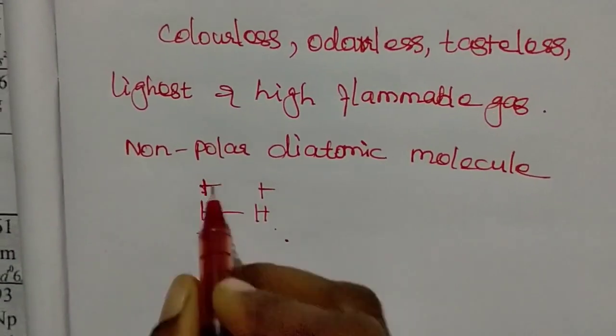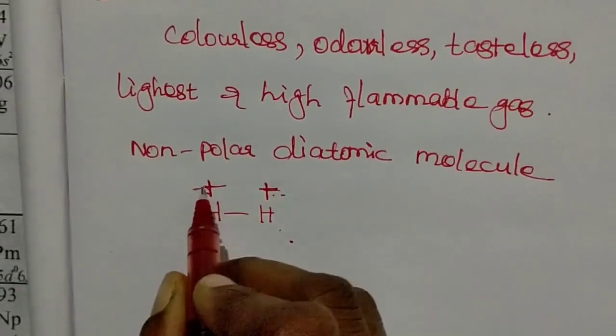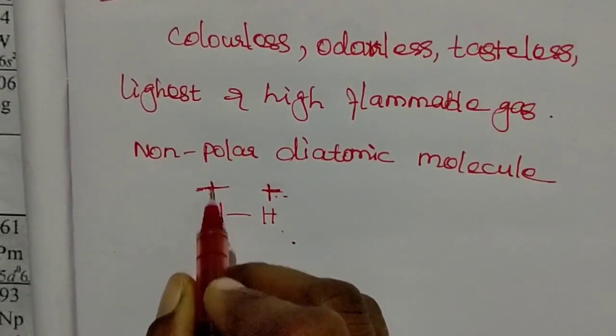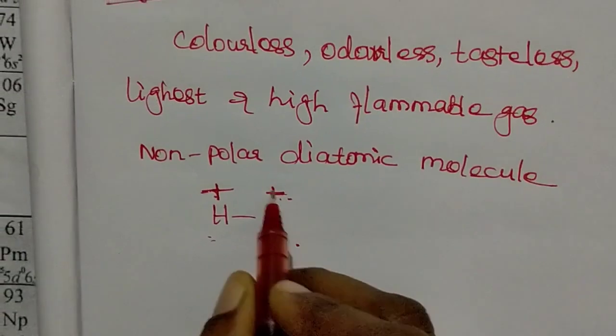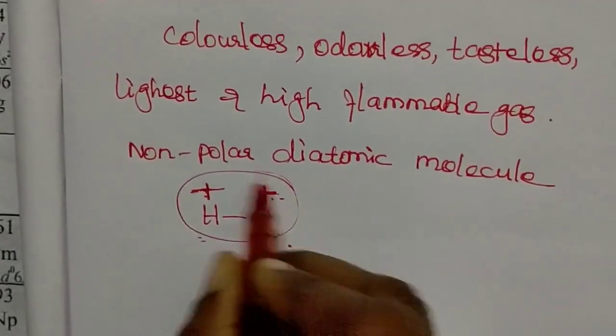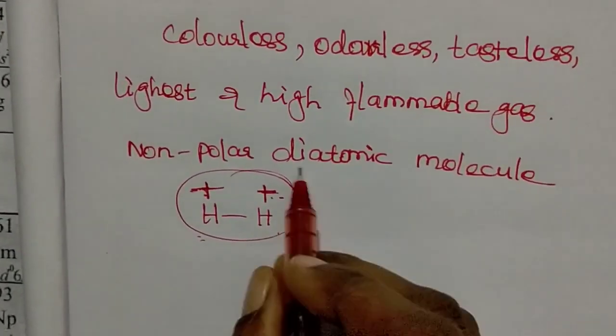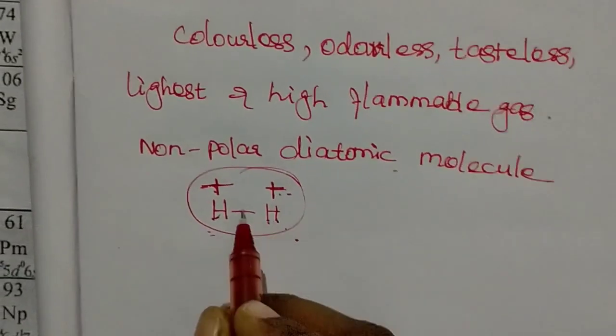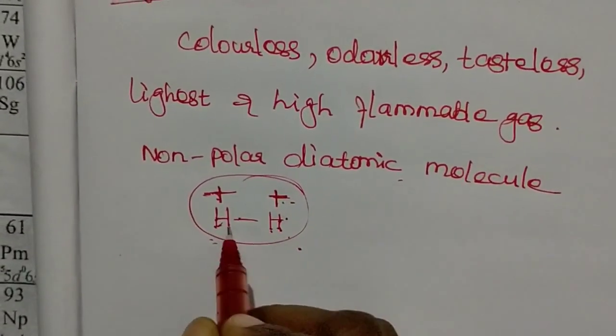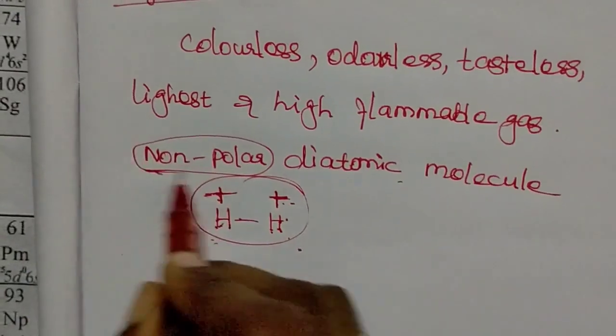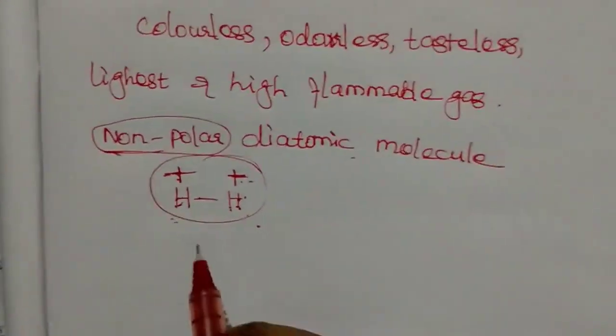They can make only the same pole, positive and positive. One end contains positive and the other end also contains positive. So they are non-polar diatomic, two atoms connected together. So these are non-polar molecules.